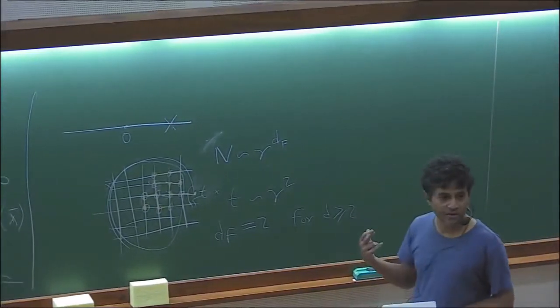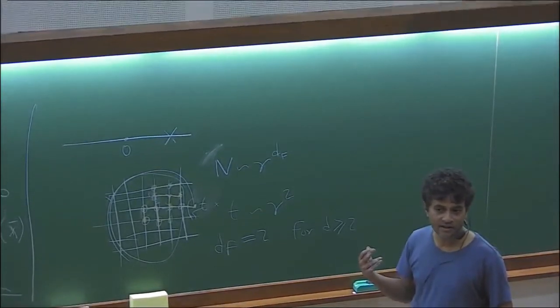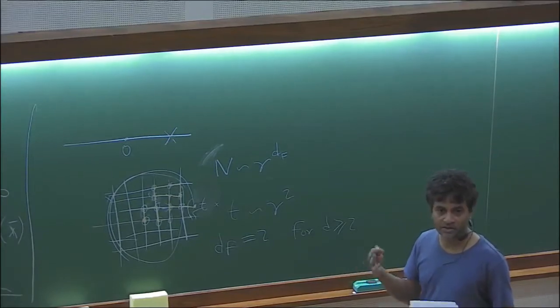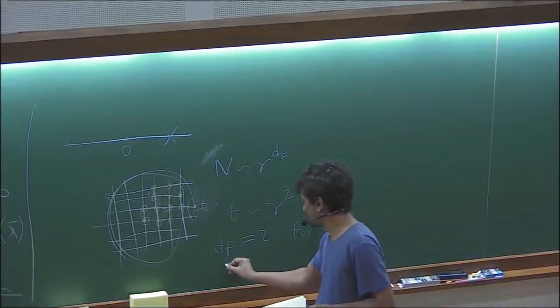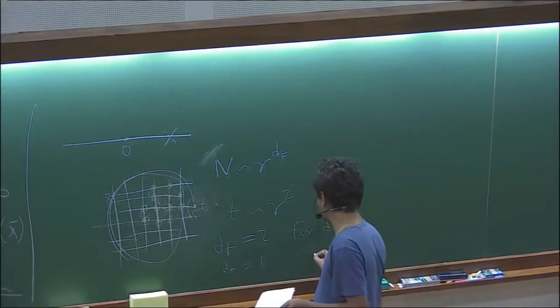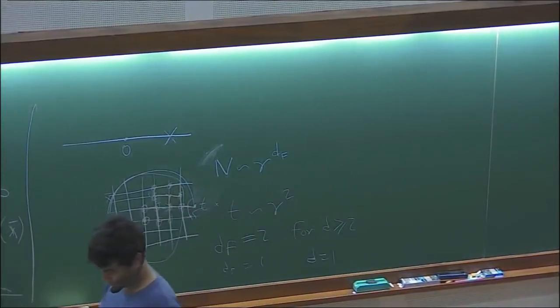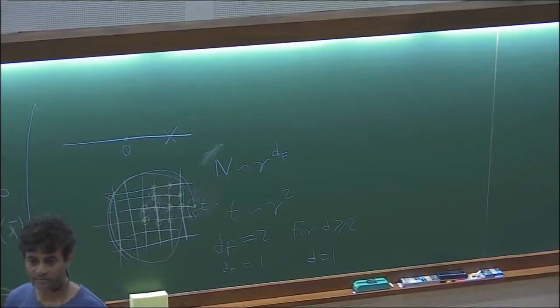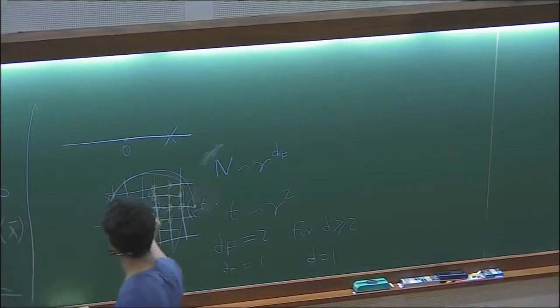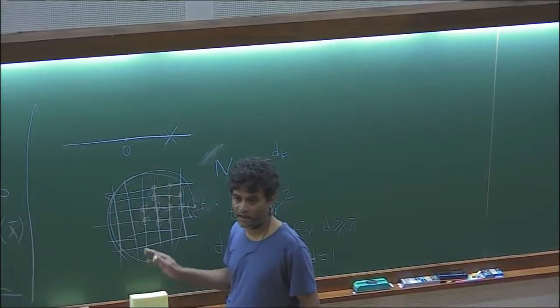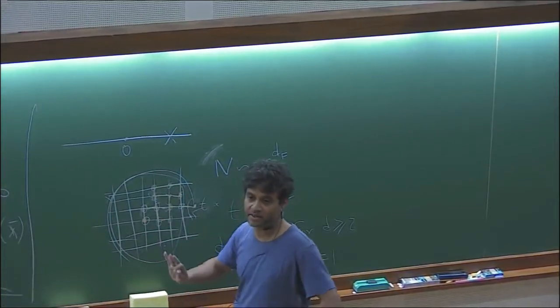And in 1 dimension, what is the fractal dimension? 1, right? Because again, it's a compact object, so df equals 1. Compact means almost every place is visited; it's space filling basically.